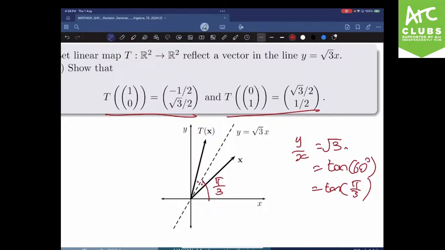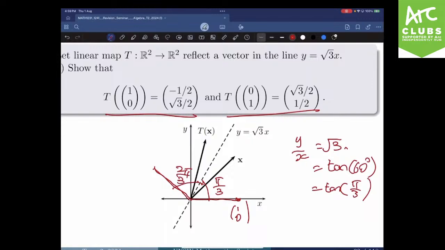So if we consider some reflection, if we reflect the vector (1, 0), it will get reflected to this vector here. And since reflection preserves length, this vector will have length 1, but this angle here will be 2 pi on 3.